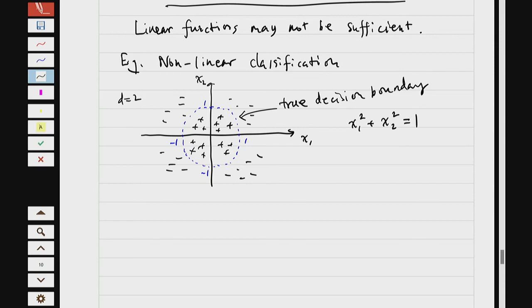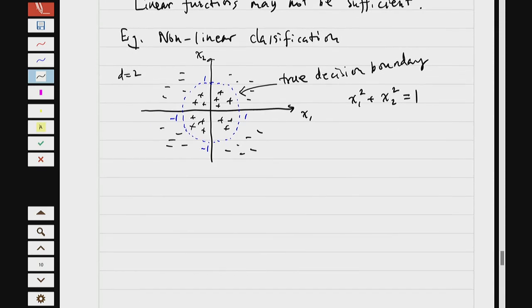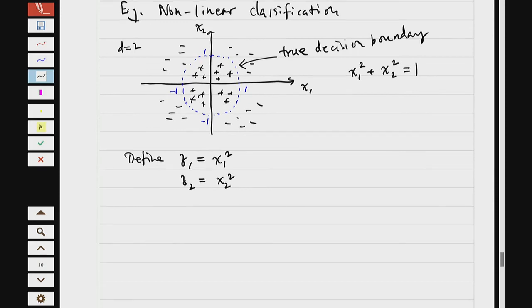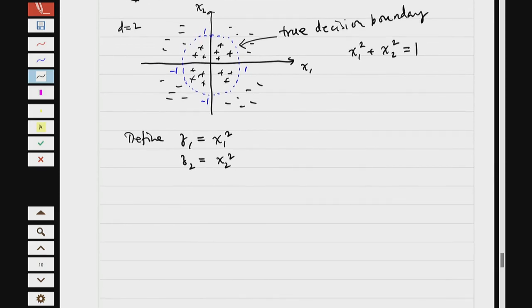So if I want to convert this to a linear case, then I'm going to define Z1 equals x1 squared, Z2 equals x2 squared, like that. If I do this, what will happen?